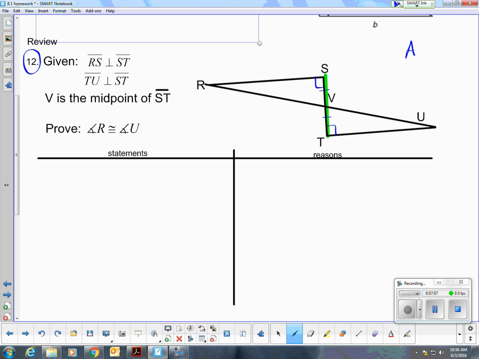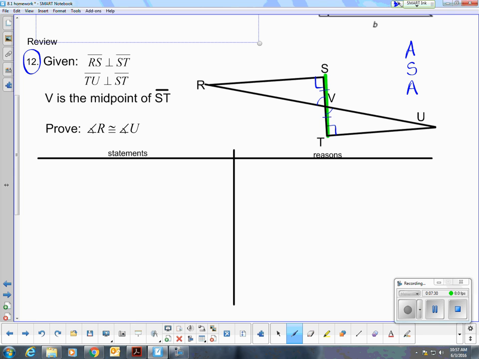Now that's all that's in the given. And so now I have a pair of sides that are congruent. So I need one more thing to prove that the two triangles are congruent. And what I notice is that we have a pair of vertical angles right here. And so I have another pair of angles. So yes, we have congruent triangles by angle, side, angle.